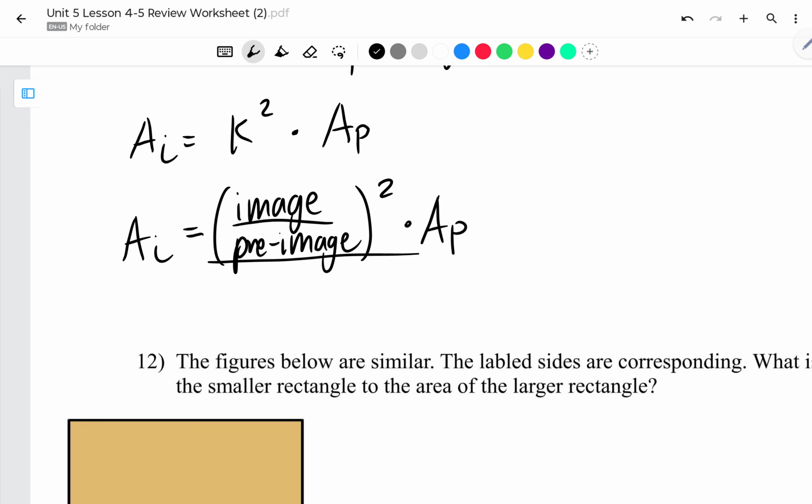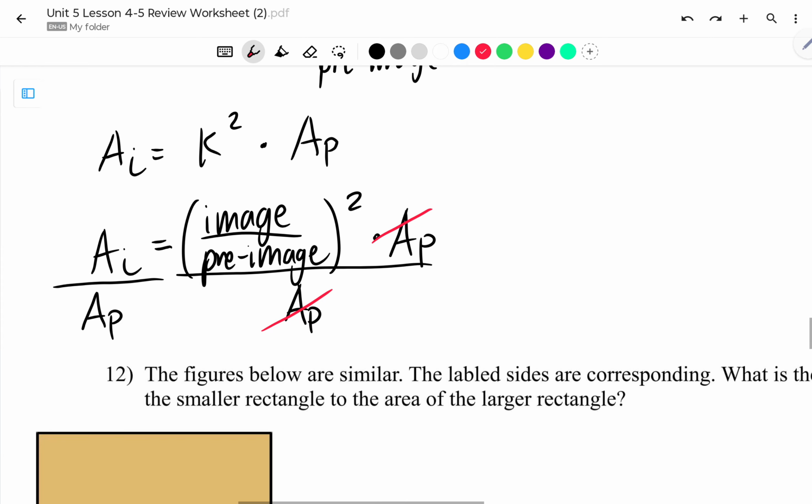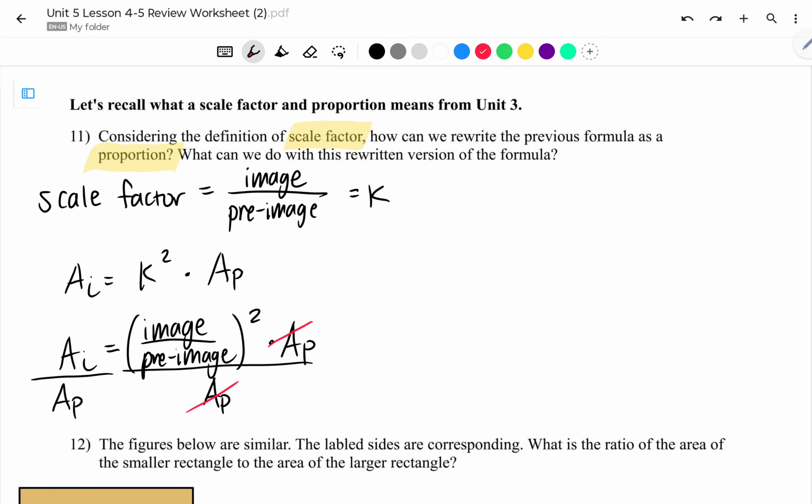And I'm just going to divide both sides by the area of the pre-image. That cancels out, that cancels out. Okay, and what happens? Basically, the rewritten version is going to look like this.